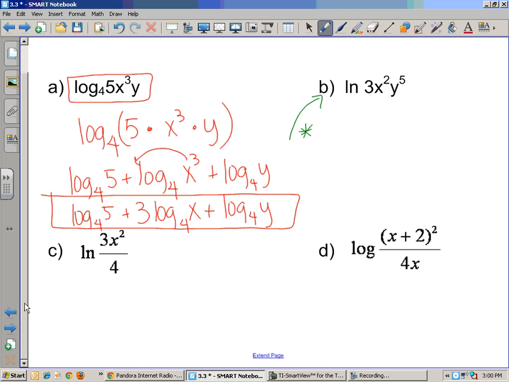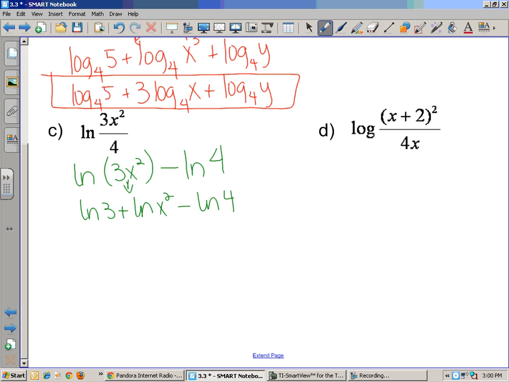I'm now going to do C. So division means minus. Okay, multiplication means plus. And power means bring it out front.